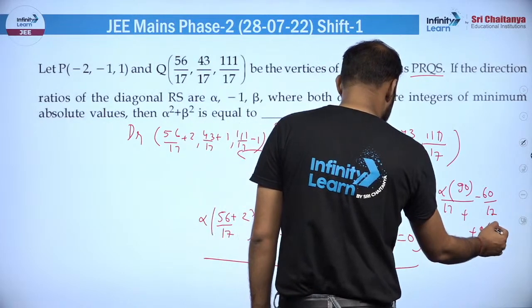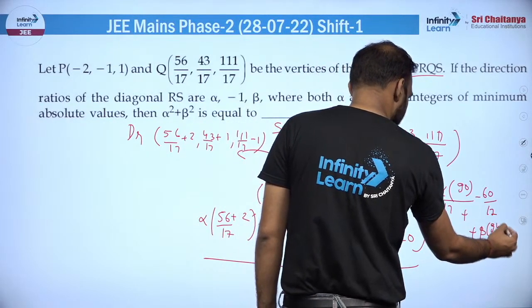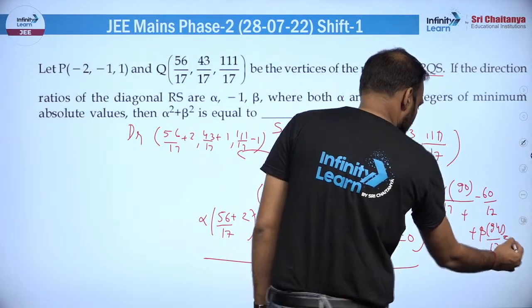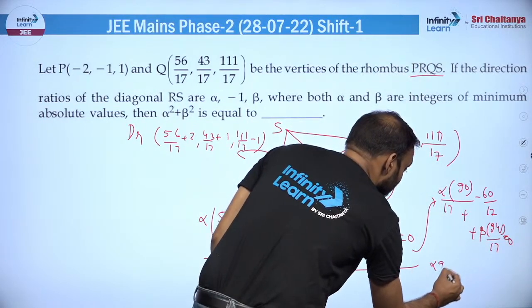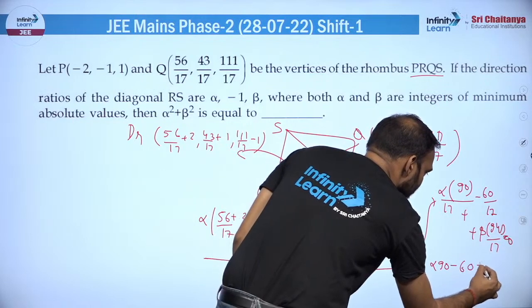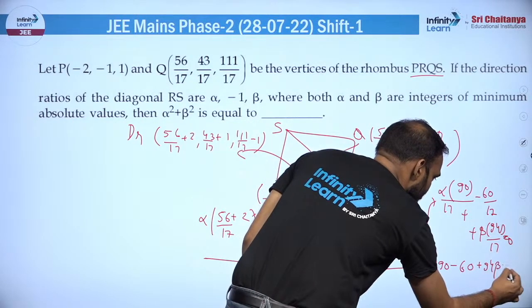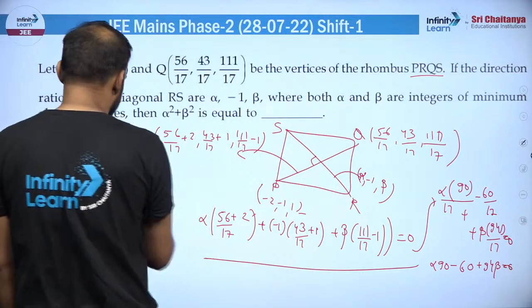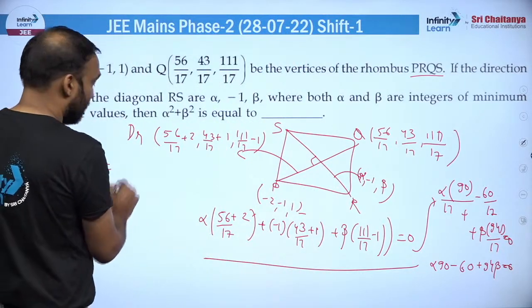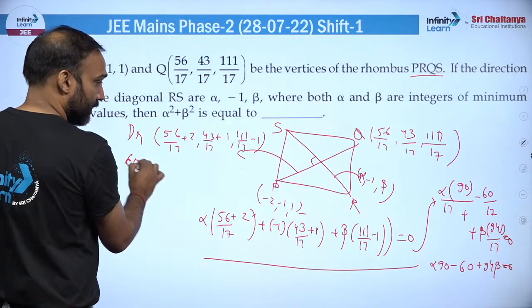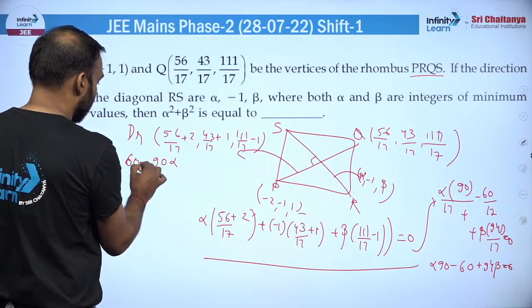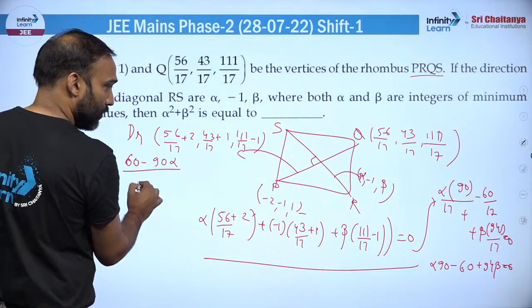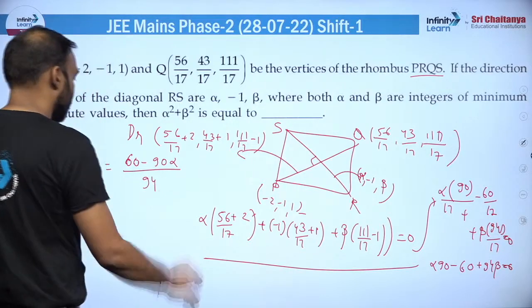So, beta is 11 and 6, so 94 by 17, this is equal to 0. So, I will get alpha 90 minus 60 plus 94 beta equal to 0. From here you can write the value of beta. Beta is 60 minus 90 alpha upon 94.